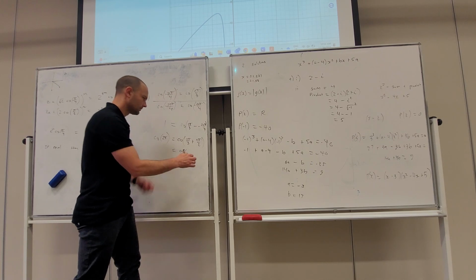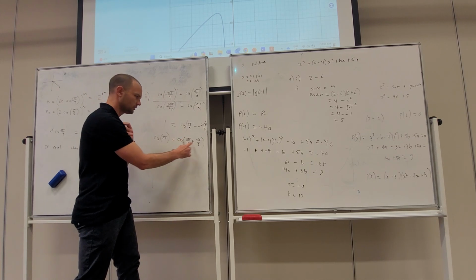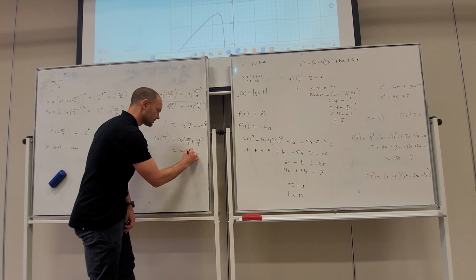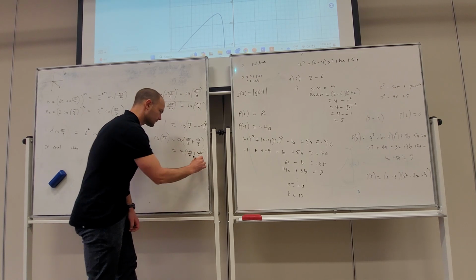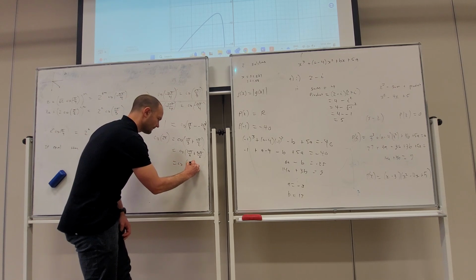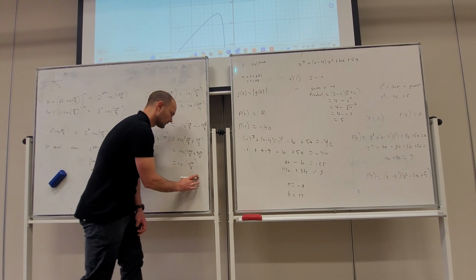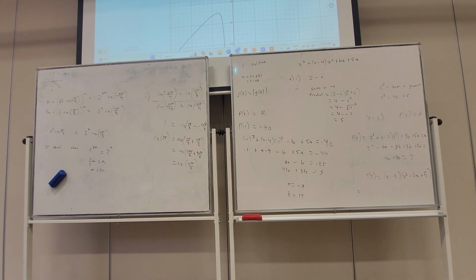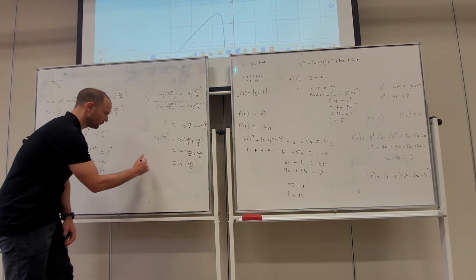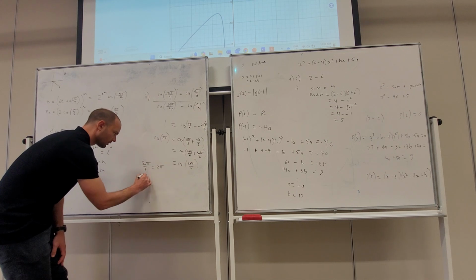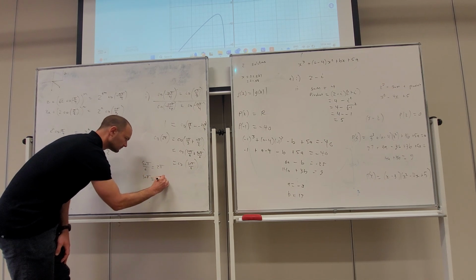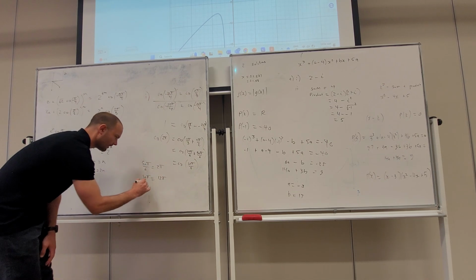So collect them. This one we're multiplying by 2 on 2, this one by 3 on 3. So this becomes 2n pi on 6 plus 3n pi on 6. We have cis of 5n pi on 6. So when does 5n pi on 6 equal 2 pi? Multiply both sides by 6, and then divide both sides by 5 pi.